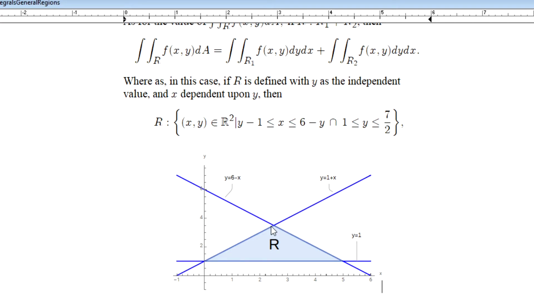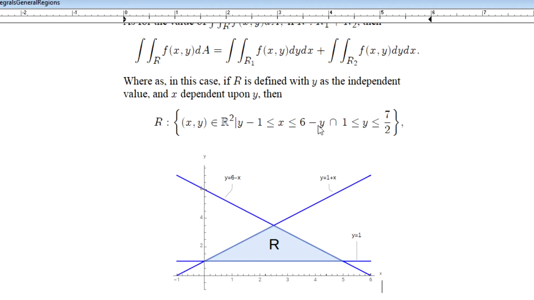If you set those equal to each other and solve for x, you will find this 5/2, which we used in our previous setup. But plugging that value of 5/2 into either one of these two cases for x, we would reveal our value for y would be at 7/2 or 3.5, right? So 3.5 would be our upper bound right here at 3.5. Our region R would form from y equals 1 to 3.5 in value, right?